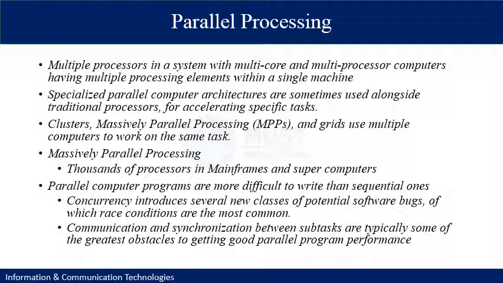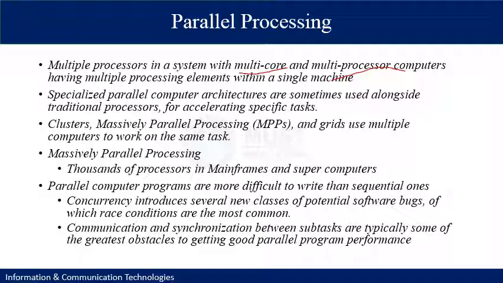Processors are also used in parallel to enhance the computation power, and multiple processors in a system with multi-core and multi-processor computers having multiple processing elements within a single machine lie in the domain of parallel processing. Additionally, specialized parallel computer architectures are sometimes used alongside traditional processors for accelerating specific tasks.